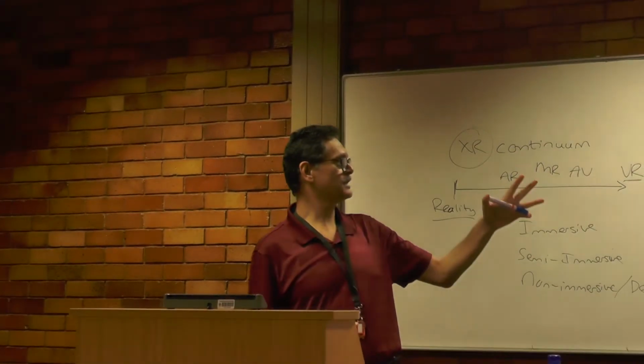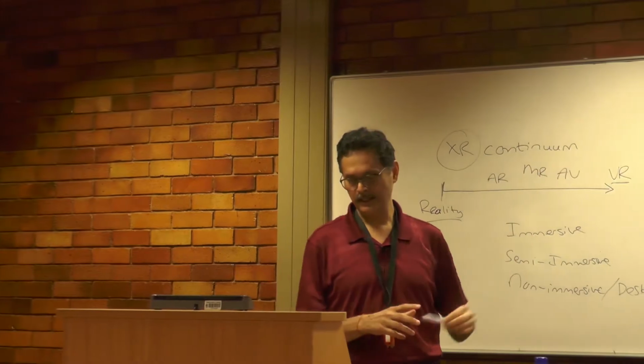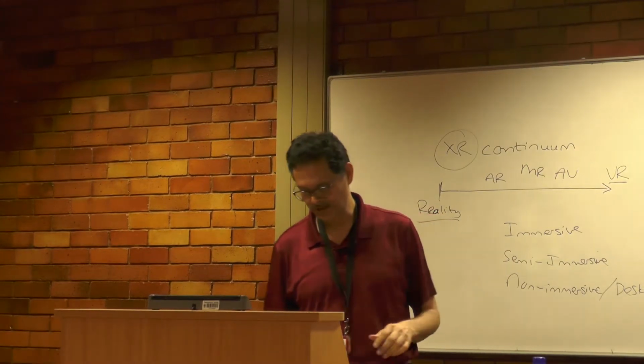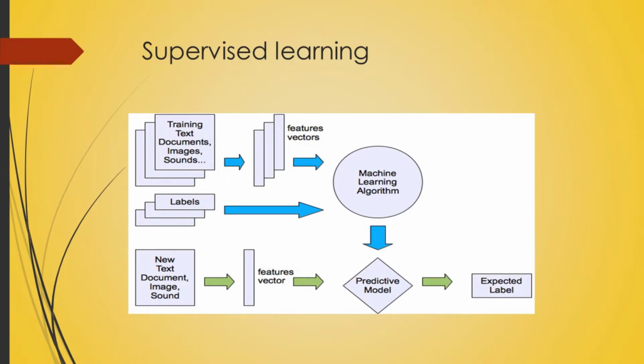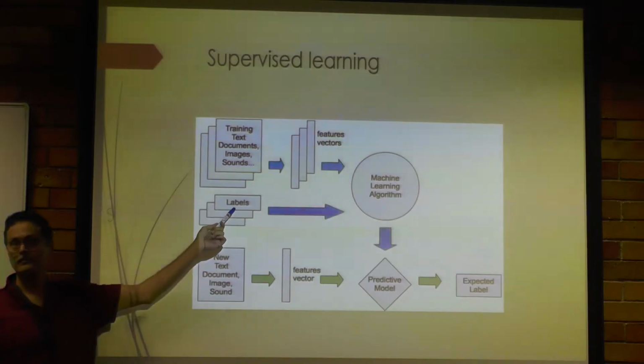So if I represent that same statement in a more diagrammatic fashion, these are my data, all right? The training data. Data can be in the form of text, documents, images, sounds, what have you. And obviously, because it's supervised learning, we also need the label, right?